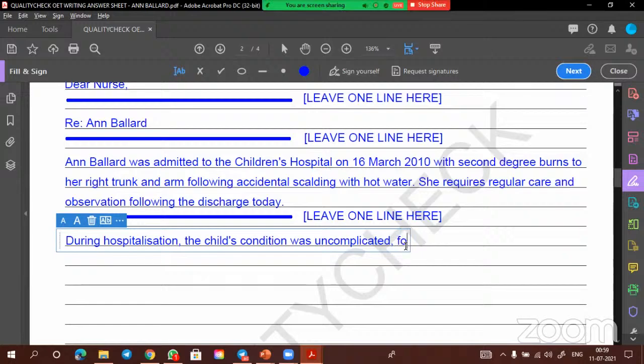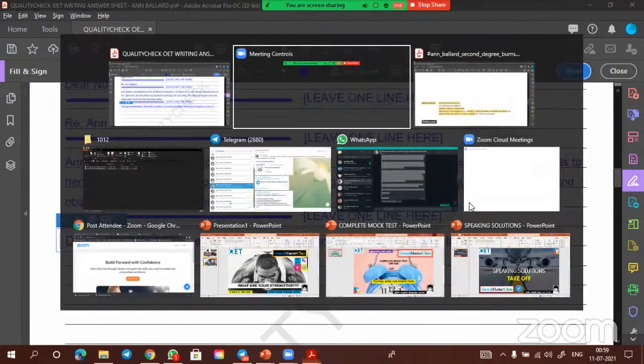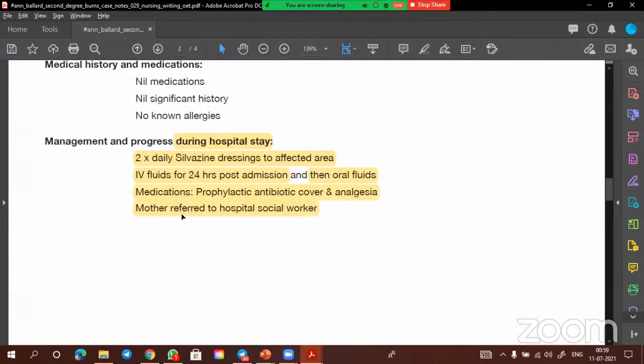Following the regular course of action taken at the hospital, the condition was uncomplicated. So following the regular course, or regular treatment, or regular action plan, regular course of daily dressings.